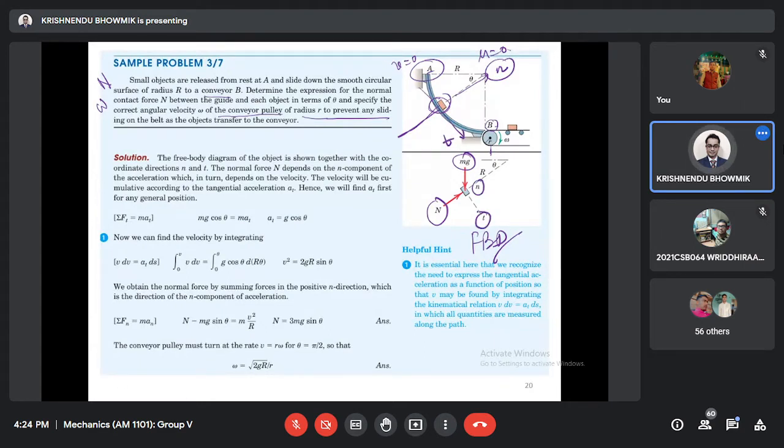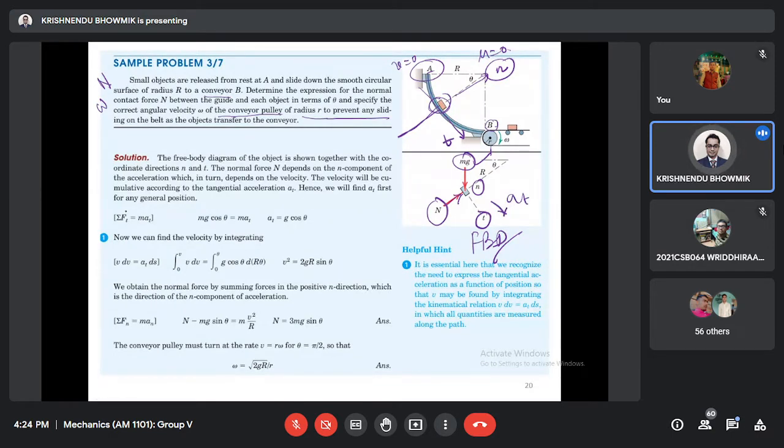There is no friction. There is the normal force, the self weight, and it is having some acceleration at, along this.